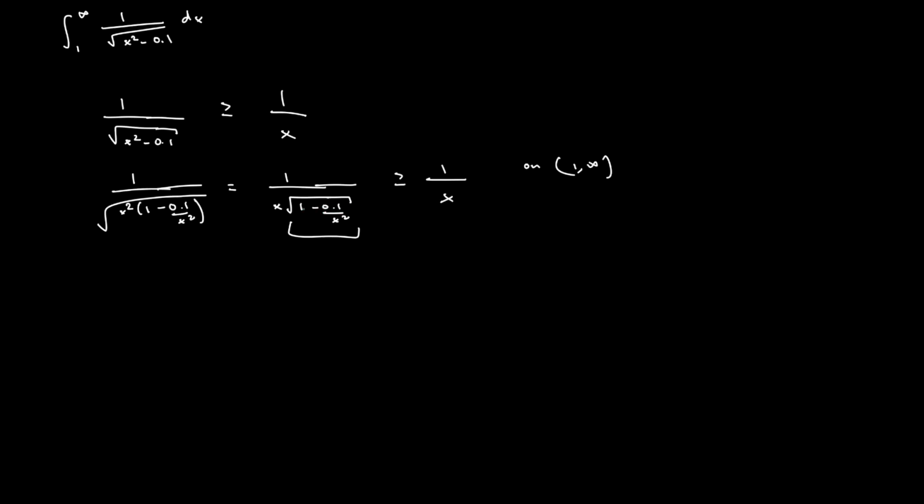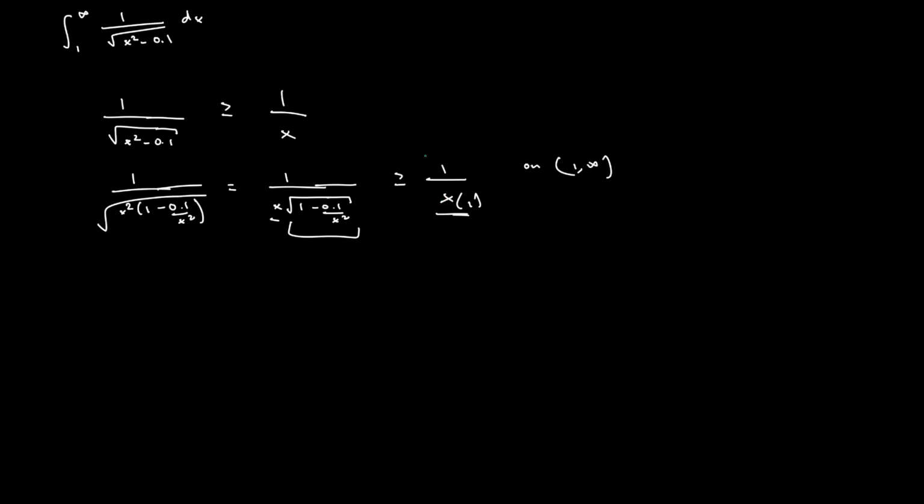Therefore this left fraction is basically x times a value less than 1, and so it must be greater than or equal to 1 over x times 1, because the denominator on the right side is always greater than the denominator of the left side. And therefore our left fraction is always an upper bound of the right fraction.